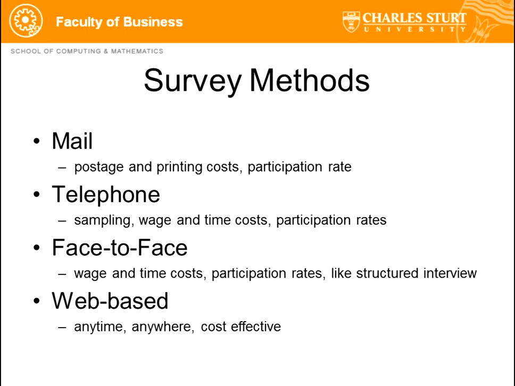And that comes down to some of the different issues with methodology, like mail, web-based, face-to-face, telephone. Are people going to actually participate in all of this or not? And some of these are going to be more or less likely to bias particular aspects of what we're doing.